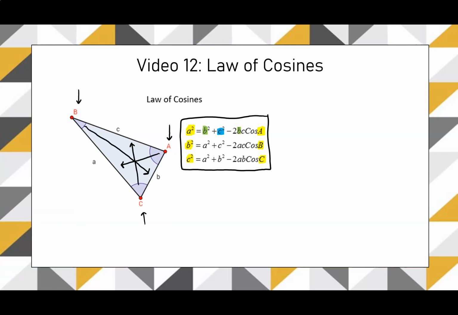So whatever this first letter is, that's going to be the same angle here. And then the remaining two sides go here and here, but they also get repeated here and here. All right, I think we're ready to move forward.